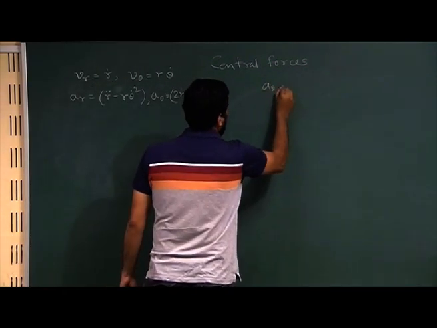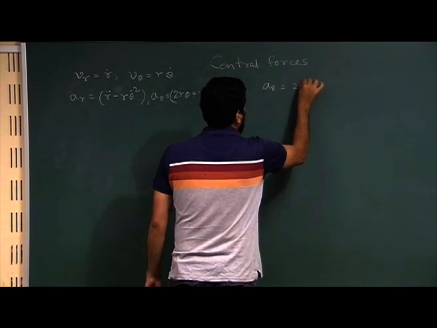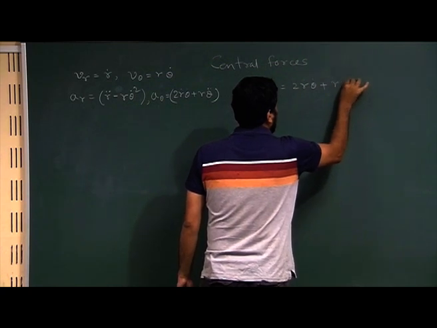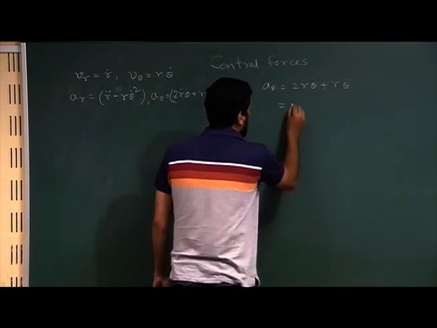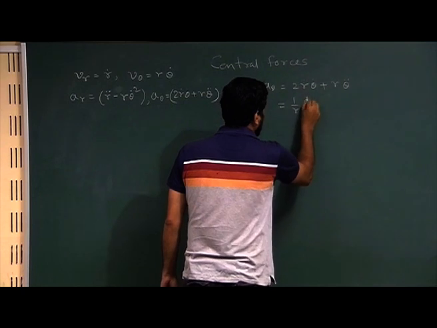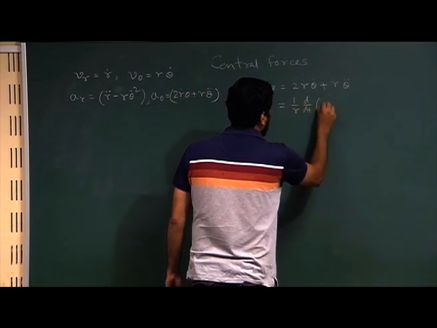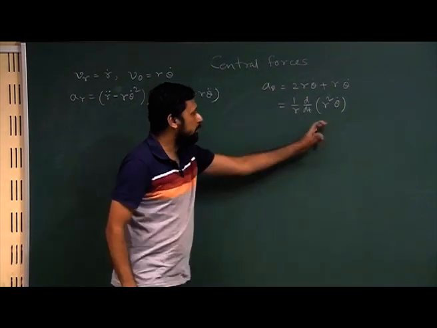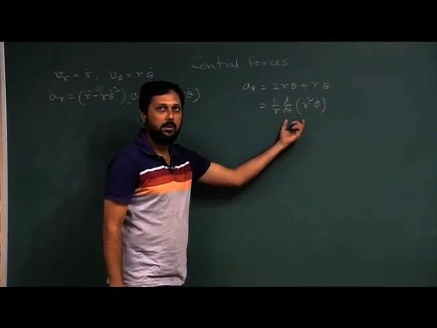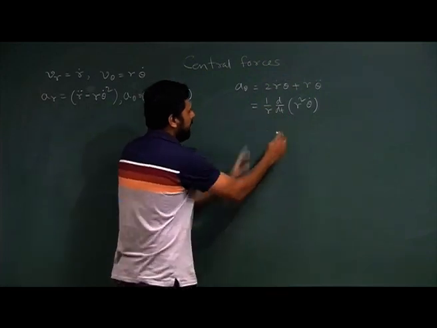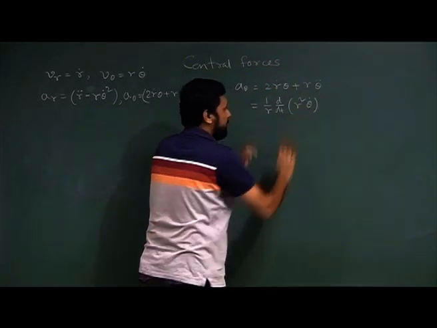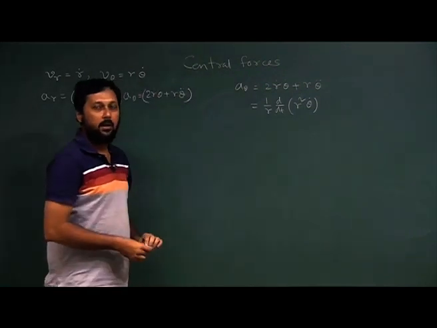So, a theta is equal to 2 r dot theta dot plus r theta double dot, and this can be written as d dt of r square theta dot, divided by r. If you compute this time derivative and divide the whole thing by r, you will get back this expression.